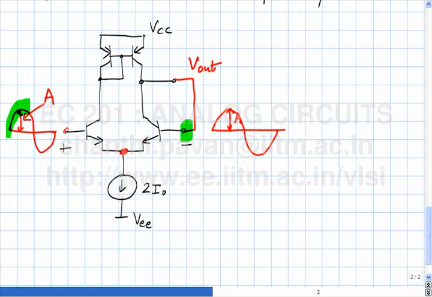Let me label the transistors. Q1, Q2, Q3, Q4. So if the output becomes higher and higher and higher, which devices do you think are most likely to get into the danger zone first? Q4. Why?